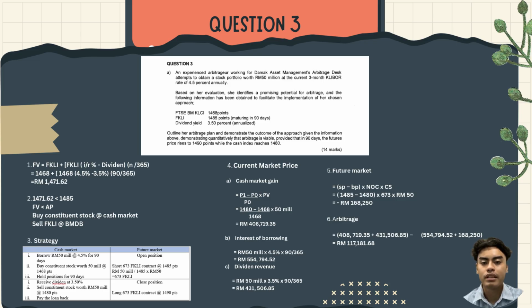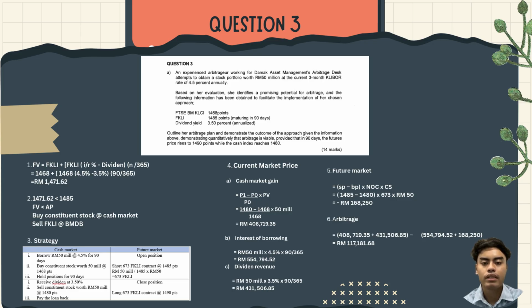This gives a cash market gain of 408,790.35. The arbitrager also received dividend income of 431,506.85. However, she needs to pay borrowing interest of 554,794.52. In the futures market, because she sold futures at 1,485 points and later closed the position at 1,490 points, the futures position gives a loss of 168,250.